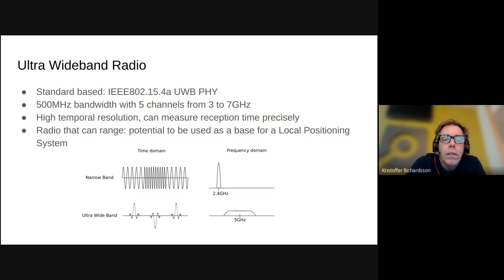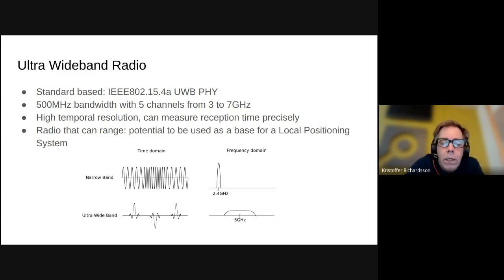Ultra wideband radio, like the name implies, is a very wideband radio. And this means that it's spread over many frequencies. Most radios are maybe using narrow bands, which means that they are using few frequencies. But as you can see in the picture below, ultra wideband is sort of low power, but on a very wide frequency band.